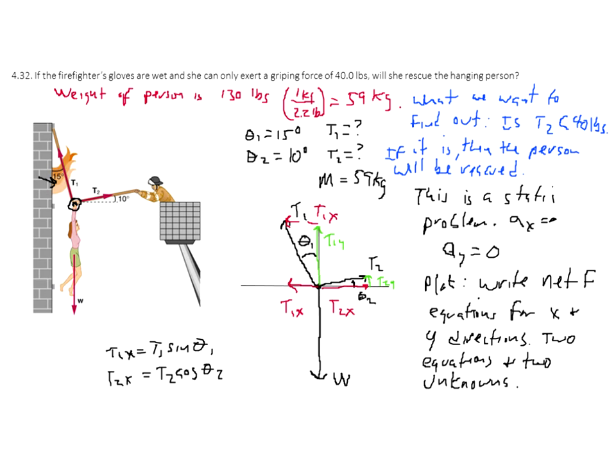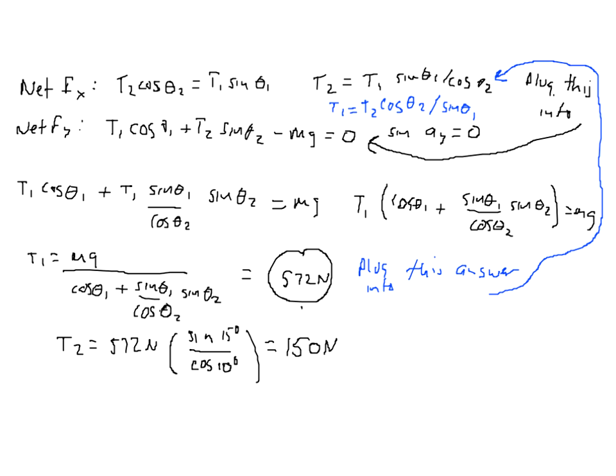And I said that they can exert a gripping force of 40 pounds. It turns out that there's a relationship between pounds and newtons. So 1 pound is equal to 4.45 newtons.